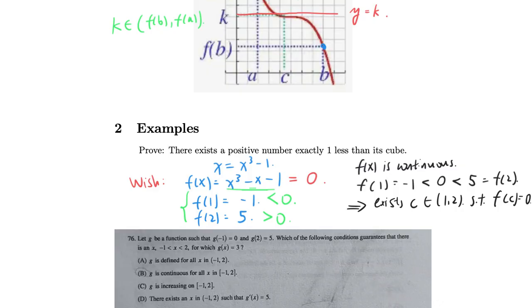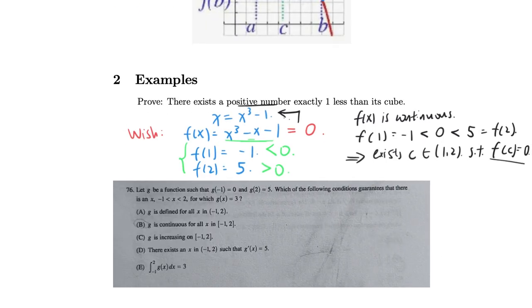And we claim that this c is the positive number that we're trying to find. Notice this c is a positive number, and it satisfies f of c equals 0. And when f of x is equal to 0, we have that the desired statement is true. So we have shown using the intermediate value theorem that there must exist this positive number c.